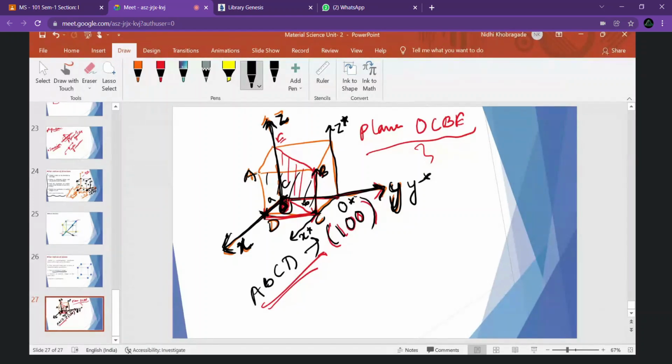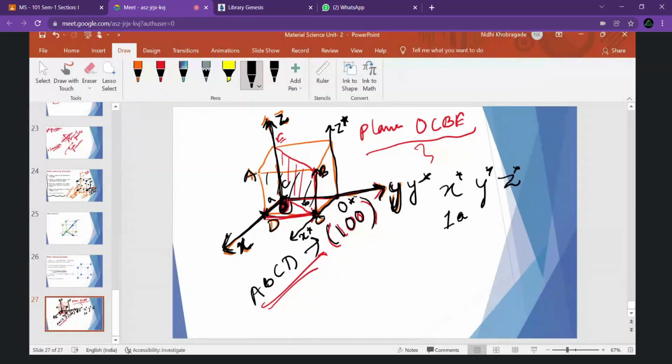If I want to relate with ABCD, the intercept on the x axis, or we can call it x star, is 1. Moving from this to this position, it intersects here for the OCBE plane. So it is 1 times A, or simply 1.